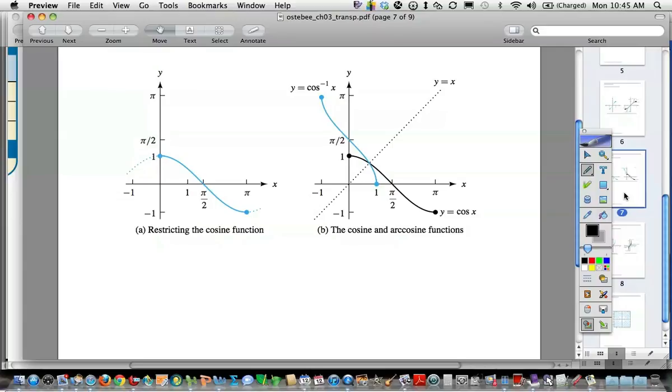Okay, sine and cosine can't have outputs greater than 1 or negative 1, right? The outputs of sine have to be between negative 1 and 1, which means the inputs of arc sine have to be between negative 1 and 1, right?